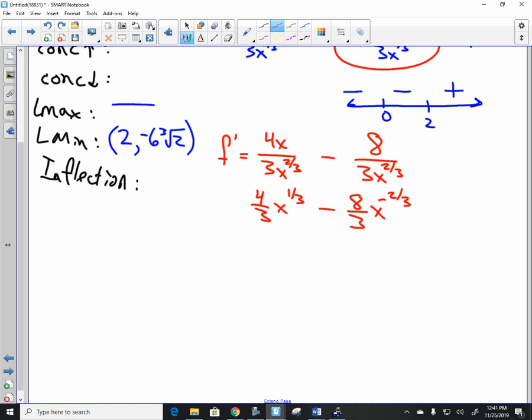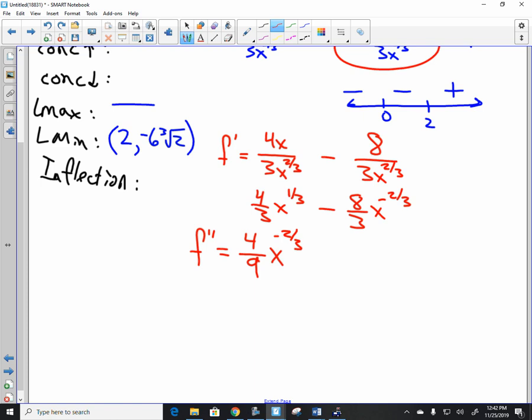So let's find the second derivative then. What's the derivative of that? Close. I drop the 3 in front. I get 4 over 9 x to the negative 2/3.